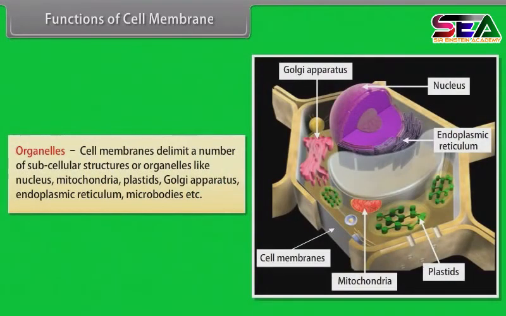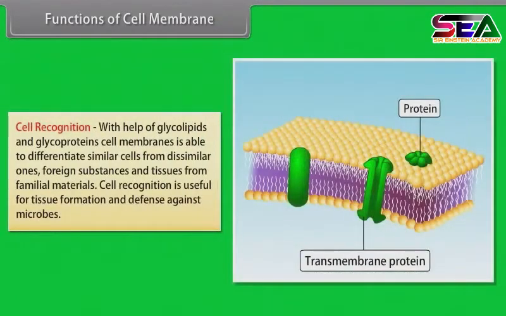Organelles. Cell membranes delimit a number of subcellular structures or organelles like nucleus, mitochondria, plastids, Golgi apparatus, endoplasmic reticulum, microbodies, etc. Cell recognition.